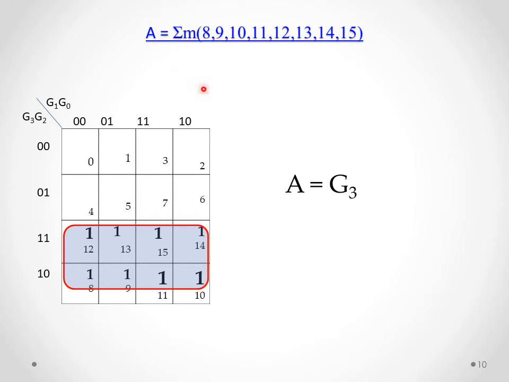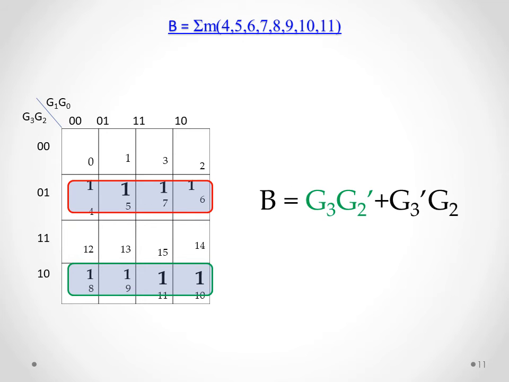Now we are using the 4-variable K-map and placing the sum of minterms into the corresponding cells. We combine all these 8 ones into a single group because all of them are adjacent to each other. The term common to all these cells is G3. So A is equal to G3. And this is the sum of minterms expression for output B, and we place ones in the corresponding cells in the K-map.